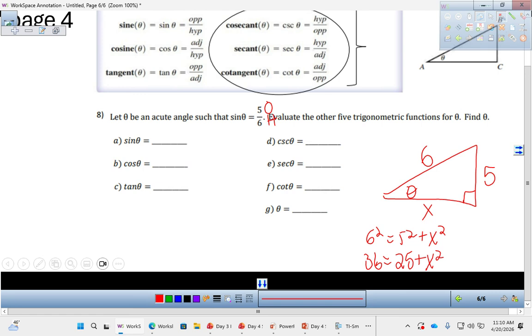Because I have the hypotenuse, I have to put that on the other side of the equation for this one. So if I subtract, I get x squared equals 11, so it looks like the square root of 11 is going to be my remaining side length.